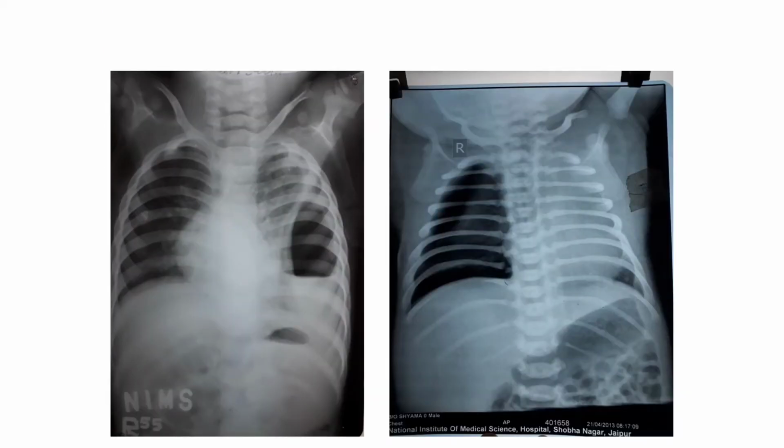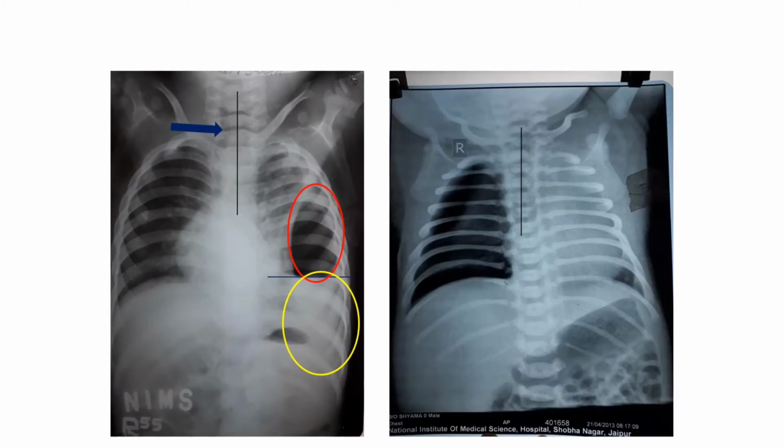Guys, in this picture, what you can see, this is a radiolucent area, while this is the radiopaque area, and there is obliteration of the costophrenic angle, and you can differentiate a line. And the trachea is pushed from the midline.